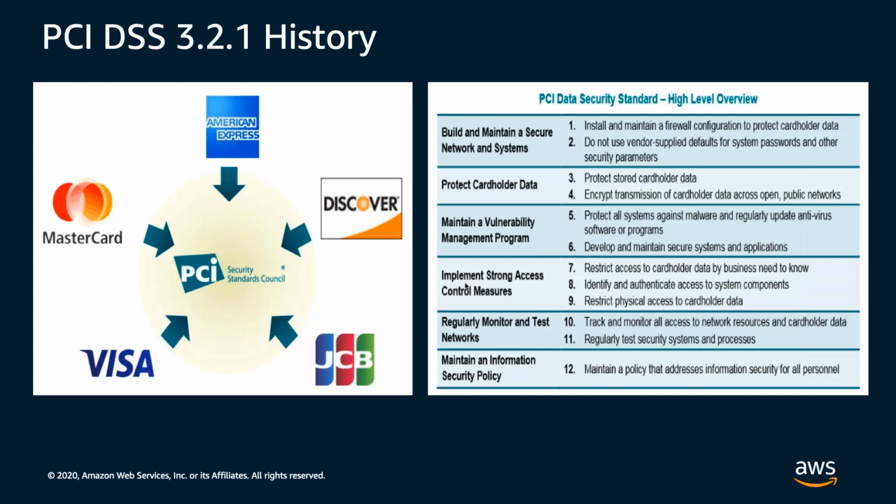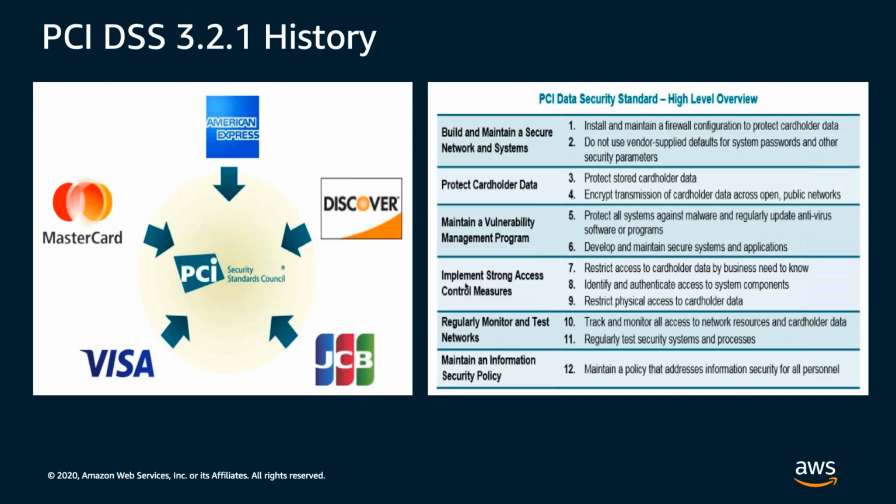These requirements and sub-requirements are in support of 6 stated goals: build and maintain a secure network, protect cardholder data, maintain a vulnerability management program, implement strong access control measures, regularly monitor and test networks, and finally to maintain an information security policy.